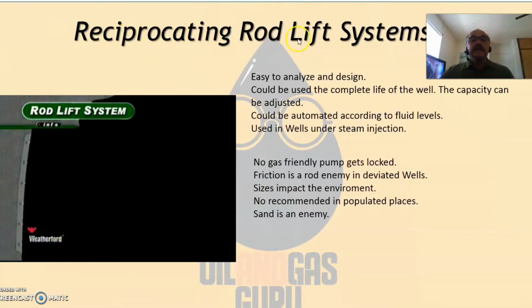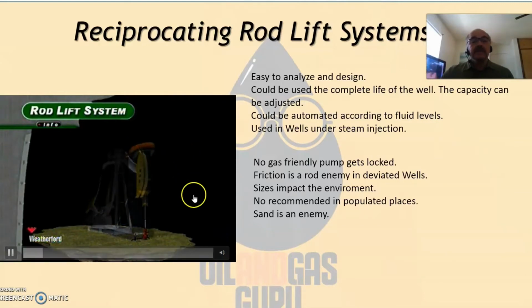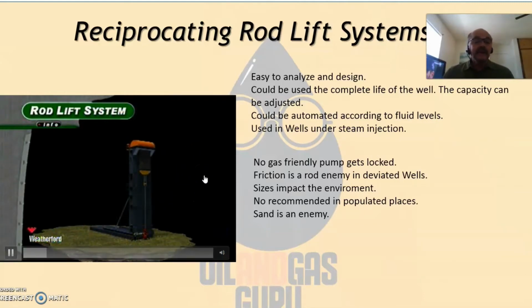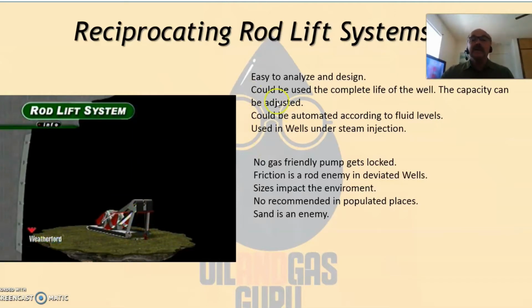We start with sucker rod pumping. It's a very old system. I think it was the first one, when they discovered oil in Pennsylvania in 1859. The first thing they used was a sucker rod. It was made of wood. It's easy to analyze and design. It can stay the whole life of the well.